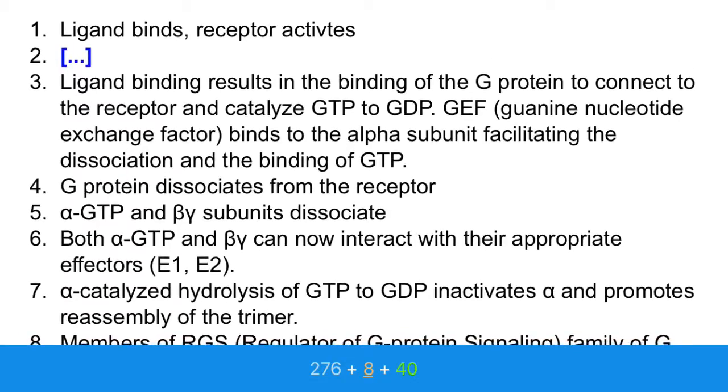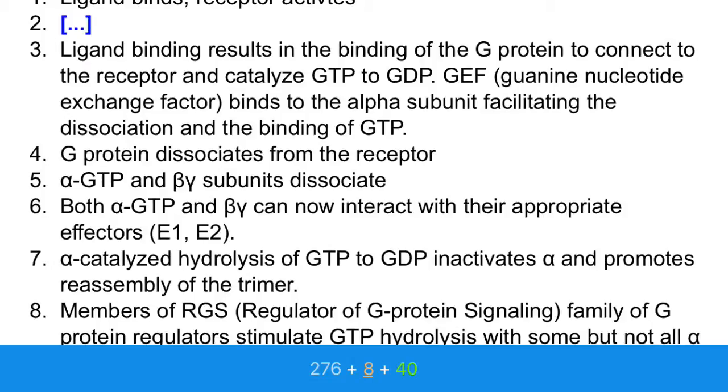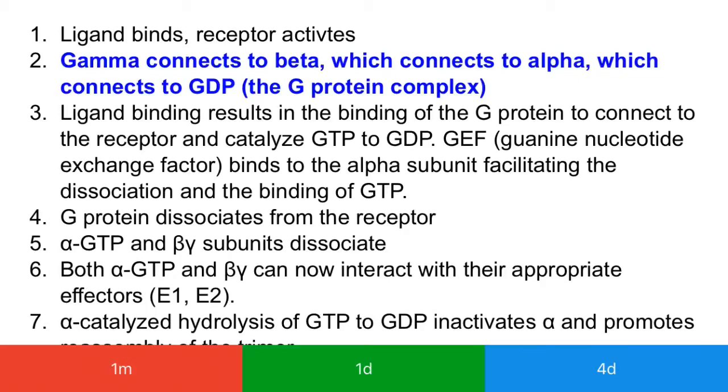Substitute the GDP, and that initiates the pathway. Ligand binding results in the binding of G protein to the receptor to catalyze GDP release. All right, cool, so we kind of covered that. Yes, G protein complex. Cool.